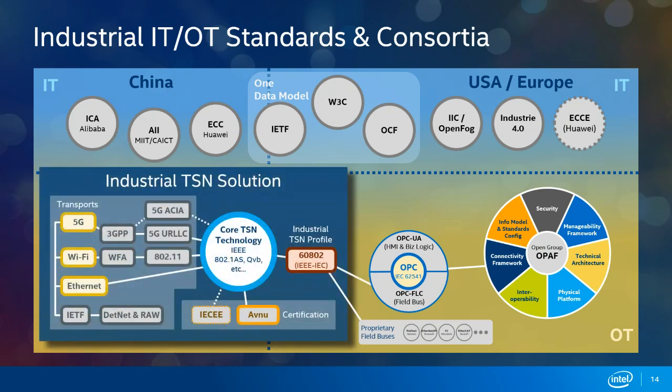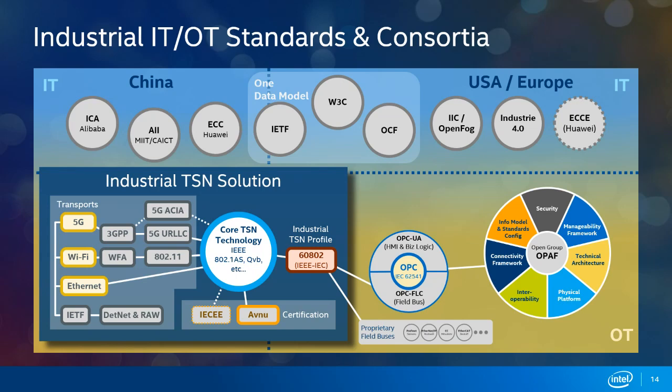And I'll try to explain this, but where we're focused is on a core set of technologies driven by the IEEE and IEC. These are major global standards consortia that develop specs. And within the IEC, IEEE 60802, we're taking some core specs and we're developing a communication profile for industrial manufacturers.